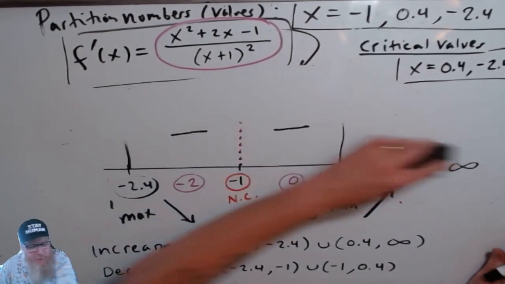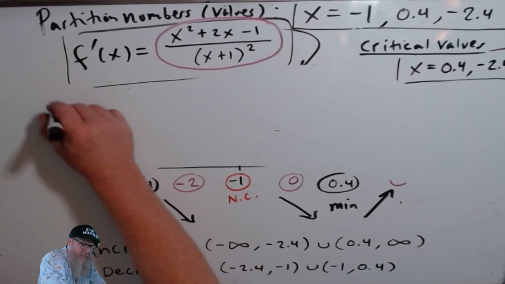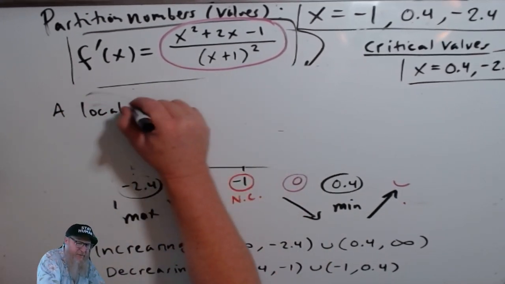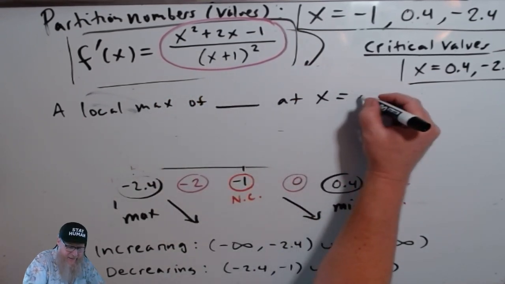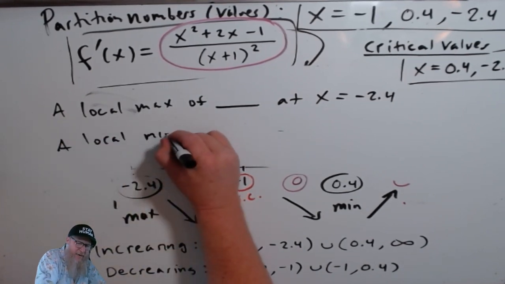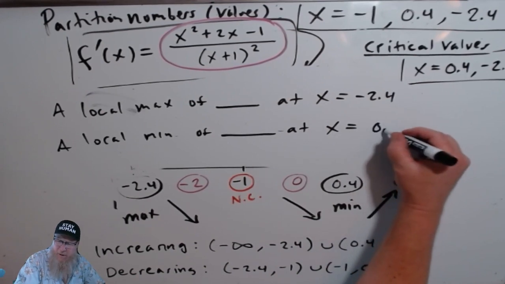All right, for this one, I actually want you to find the max and the min. So a local max of blank at -2.4, a local min of blank at 0.4.